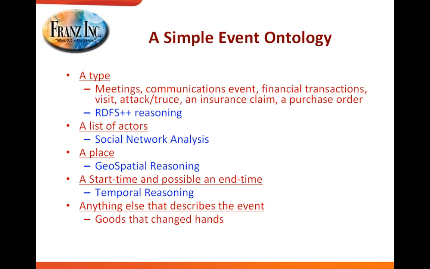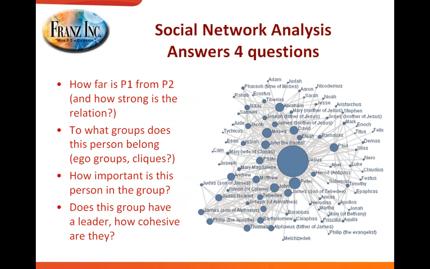Events always happen in time. And then, of course, there's a lot of other information that describes an event, depending on the type. And then I want to go a little bit deeper into the three capabilities that I talked about earlier: social network analytics, geospatial, and temporal.